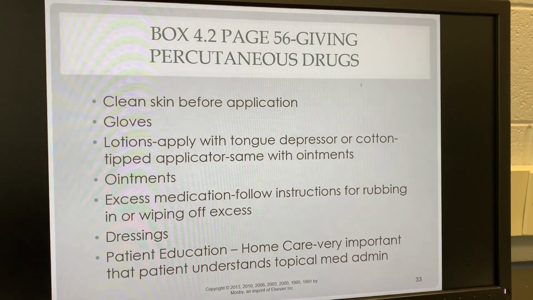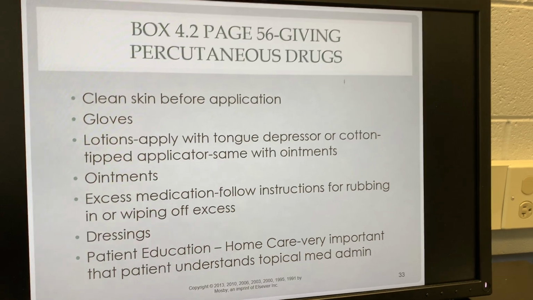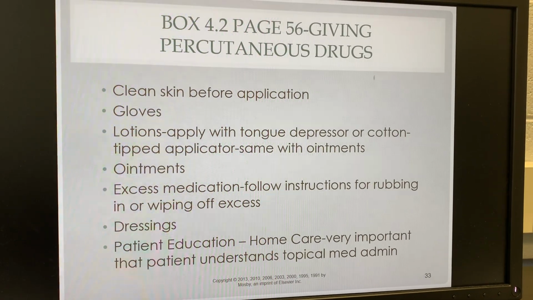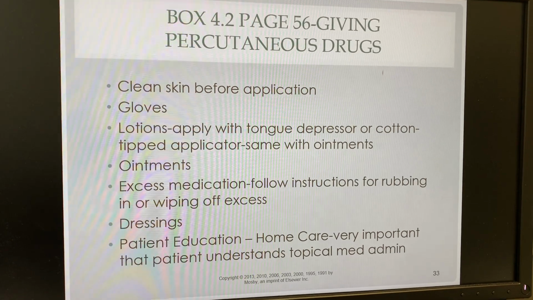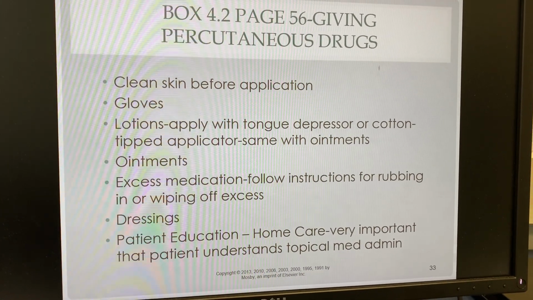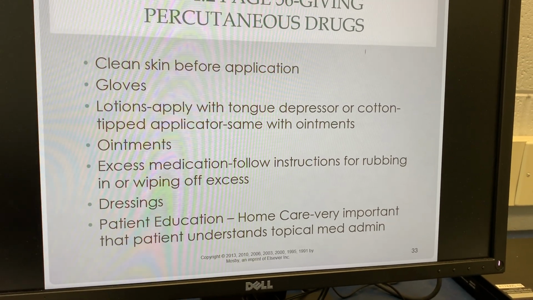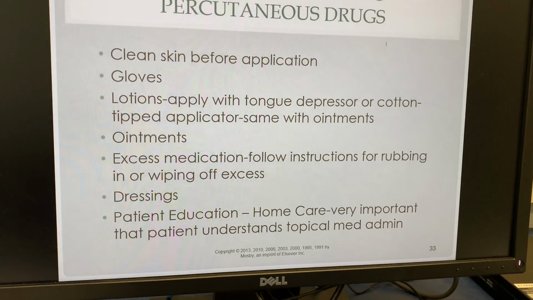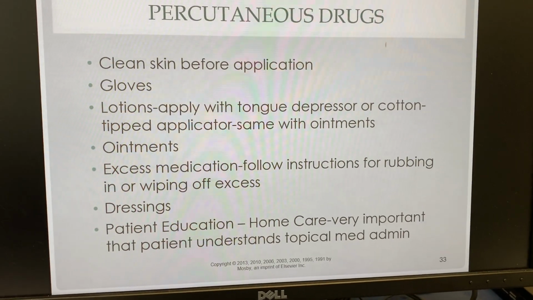If you are applying ointments or lotions, you want to use either a tongue depressor or a cotton tipped applicator, maybe a cotton ball. Follow the instructions. Some medications you're going to rub into the skin, others you're going to apply it and then either wipe off the excess or not. You might apply it and cover it with a dressing, or you might apply it and leave it open to air.